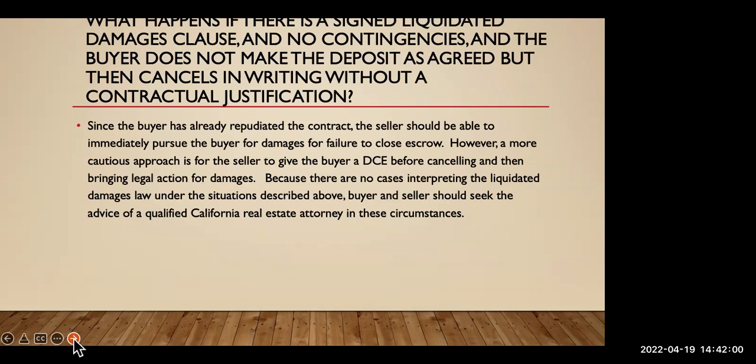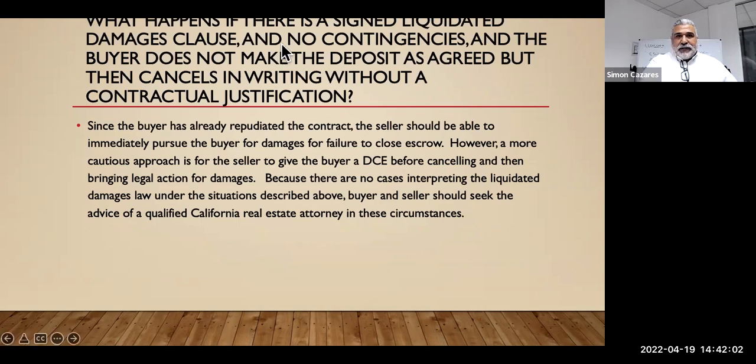What happens if there is a signed liquidated damage? Let's see, and no contingencies, and the buyer does not make the deposit as agreed, and then cancels in writing without contractual justification. Since the buyer has already repudiated the contract, the seller should be able to immediately pursue the buyer for damages for failure to close escrow.